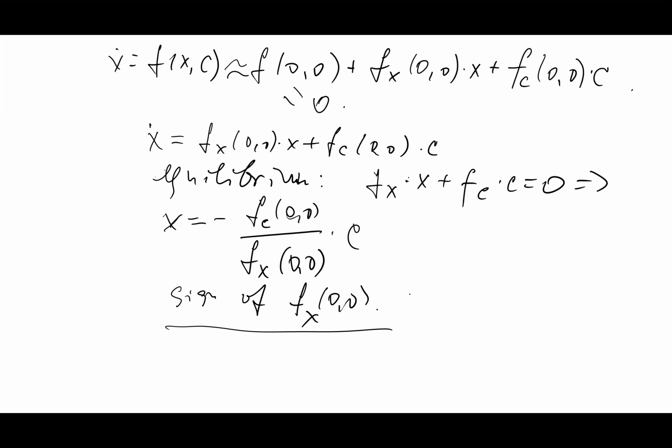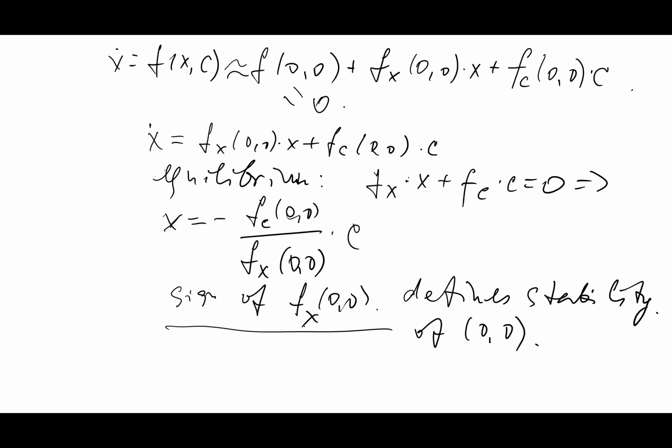So it defines the stability of 0, 0. But this sign, so if c belongs to c1, then the derivative of f over x at x, c continues.